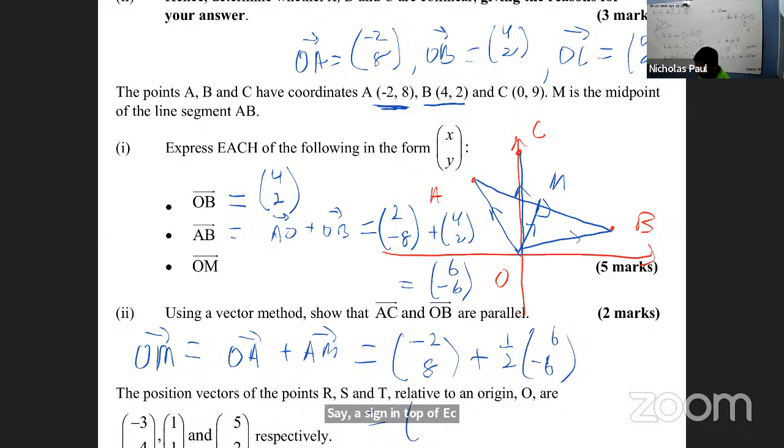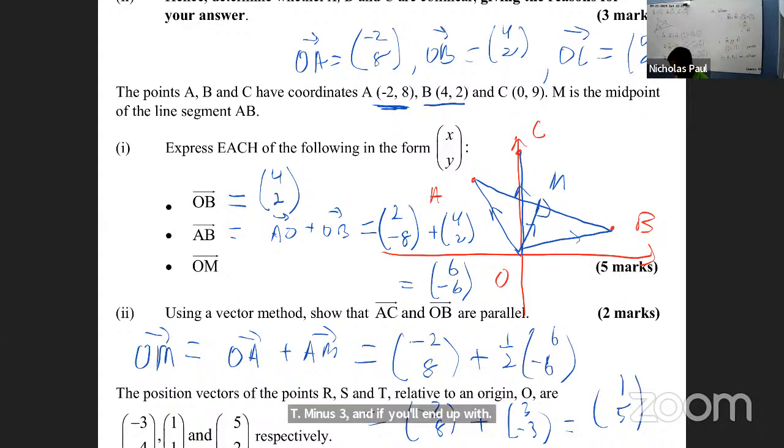So we ended up with minus 2a plus half of 6 is 3, half of minus 6 is minus 3. You have to find half of the whole line. That's AC, which is 6 minus 6. So you have to find half of 6 minus 6, which is 3 minus 3. When you add it up, you'll end up with 1, 5.